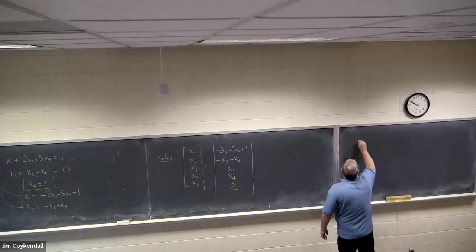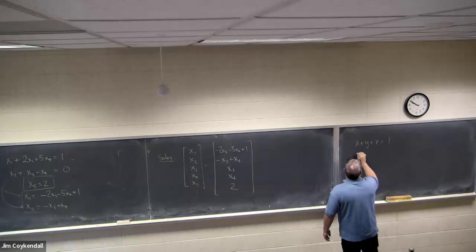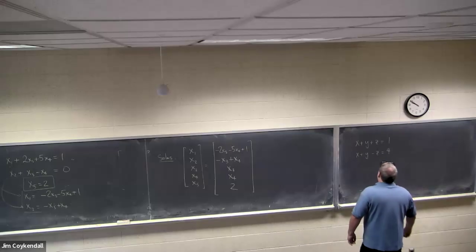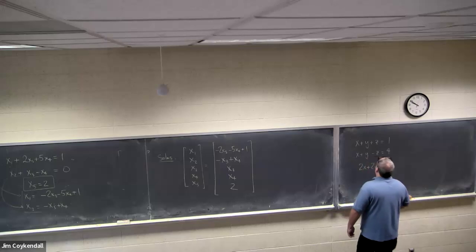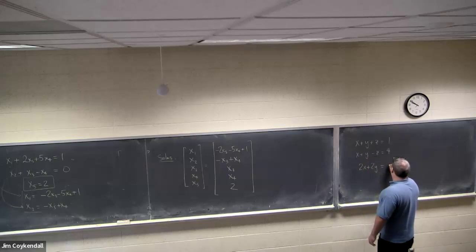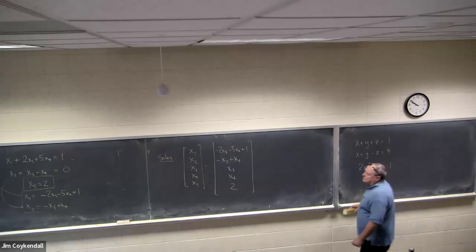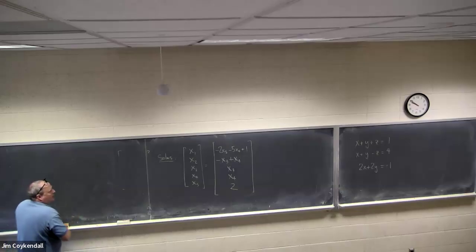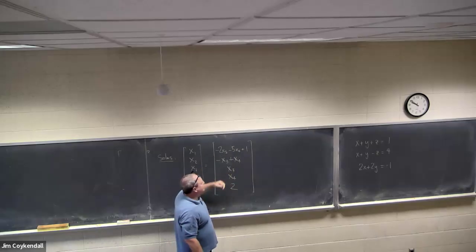Let's try this one here. What I've shown you basically is a nice way of writing, and we're going to talk about this notation, what I call a vector notation for your solutions.